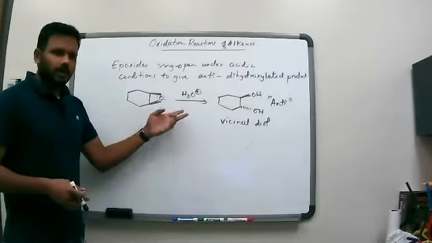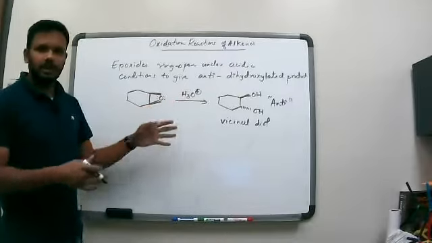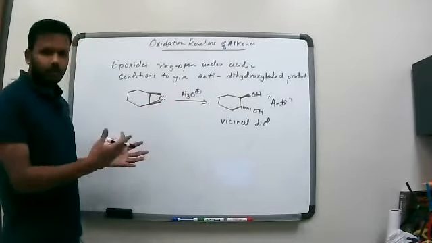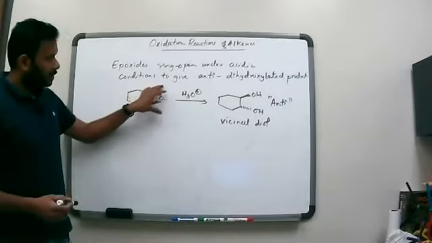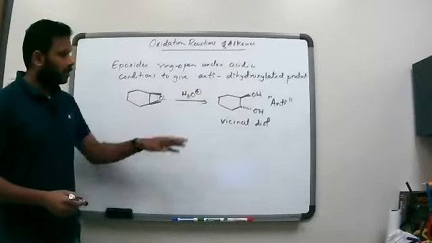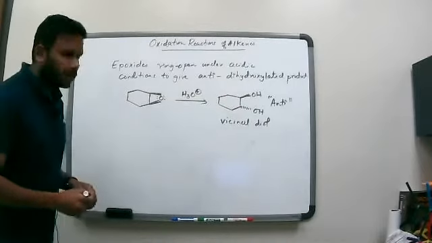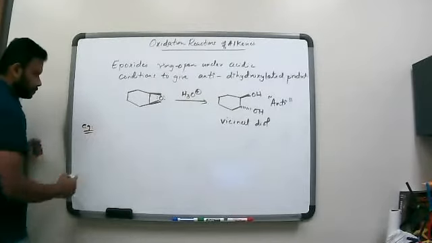So I would encourage you to look at the textbook and practice that mechanism, and you're going to see this again in 3150. So basically the epoxide can be ring opened under acidic conditions to give us an anti-dihydroxylated product.